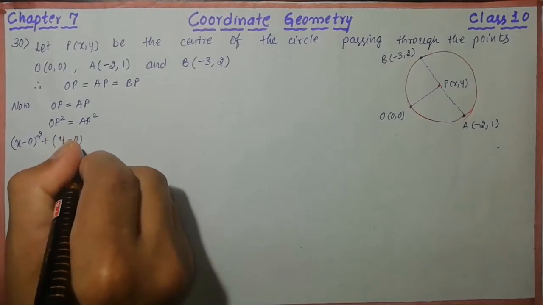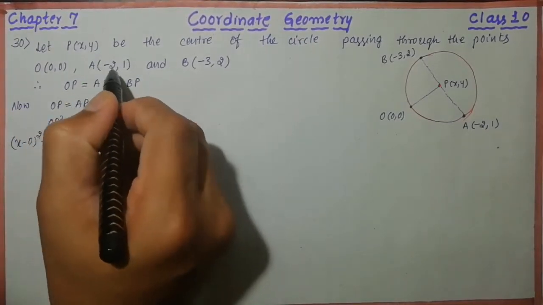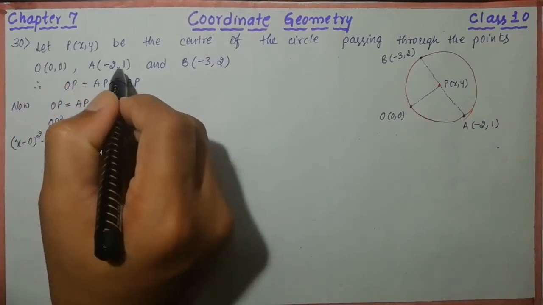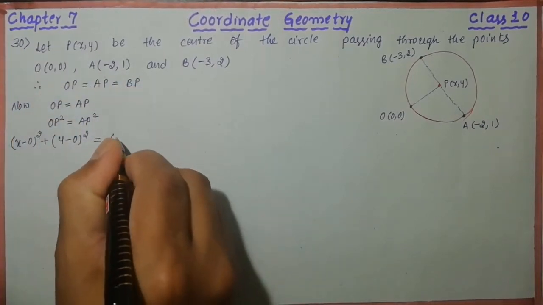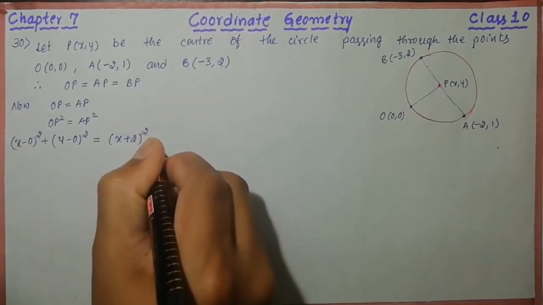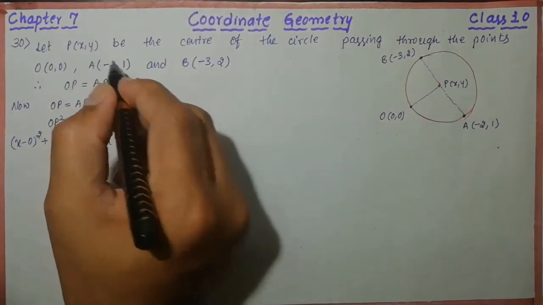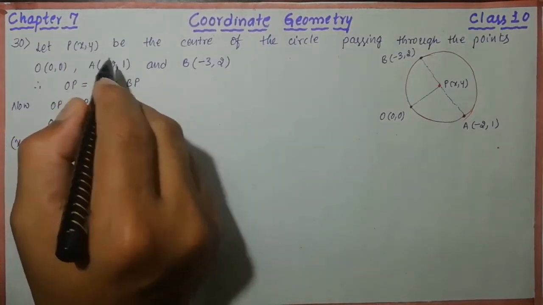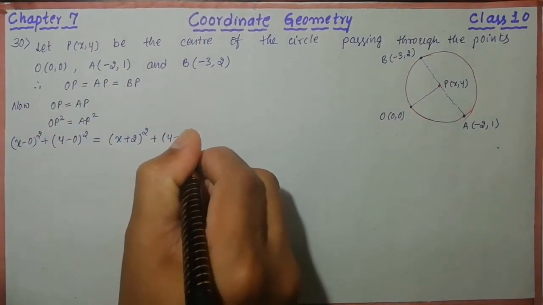which is equal to, in case of AP, here it is A, here it is P, (x1, y1), (x2, y2). x2 minus x1, x minus of minus 2, will become (x plus 2) whole square, and then plus y2 minus y1, which will become (y minus 1) whole square.